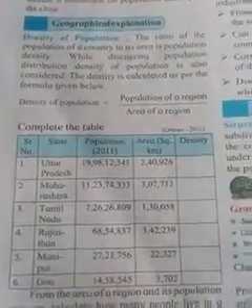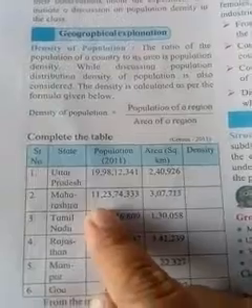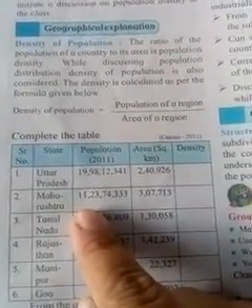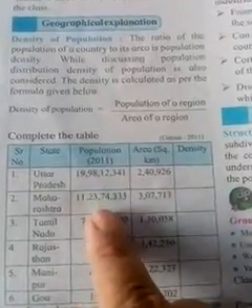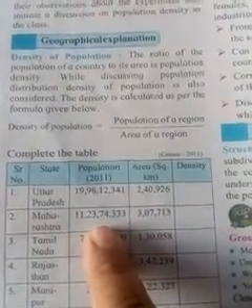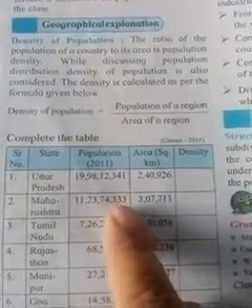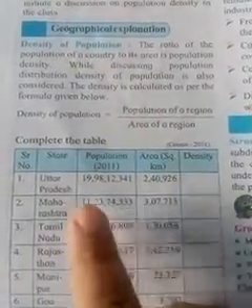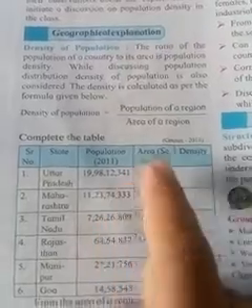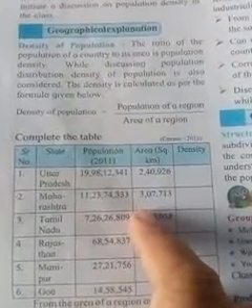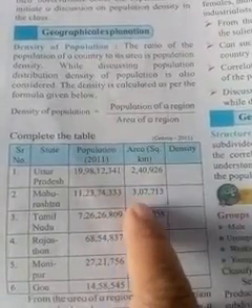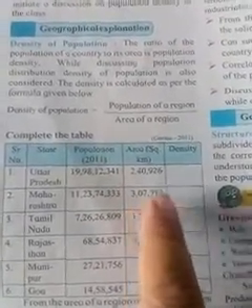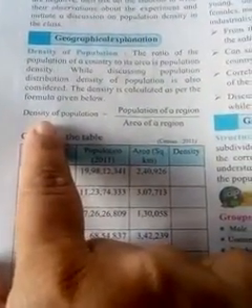Here is given Maharashtra's population, 11 crores 23 lakhs 74,333. This is the population of our Maharashtra. Area in square kilometers: 3,07,713. We take these numbers in this formula.